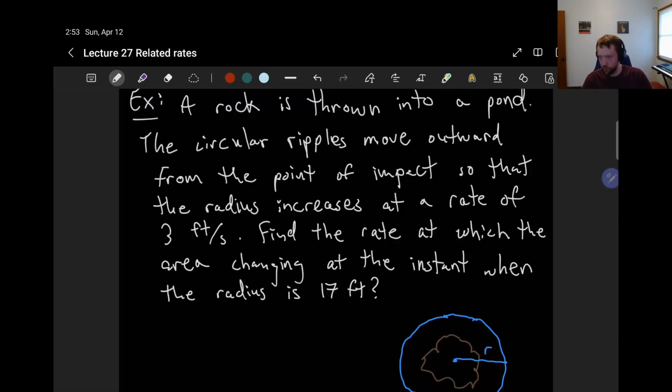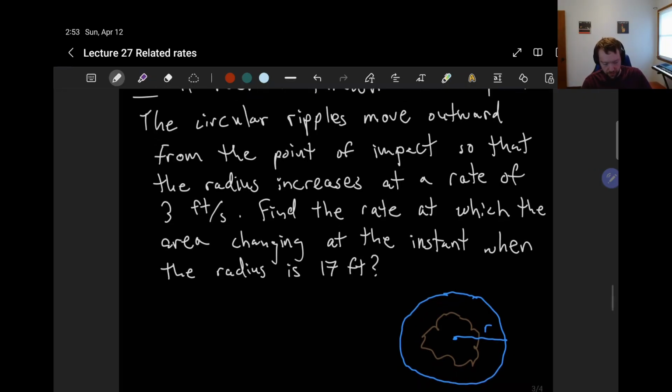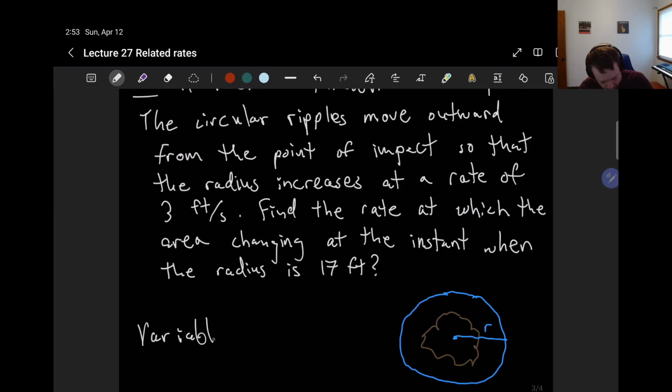So in this case, the formula was not immediately given to us, and that's pretty standard, so we have to figure that out. Our variables are area and radius, which I'll call little r.